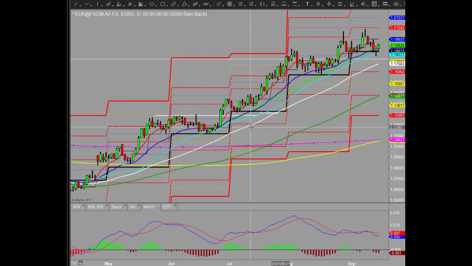I can say, well, actually, if it breaks that area, I'm going to add. So first position down here somewhere. By that point, I'm up a decent amount of profit. I've got a stop down here, and I've got this huge target all the way up there. I've got a fantastic potential.